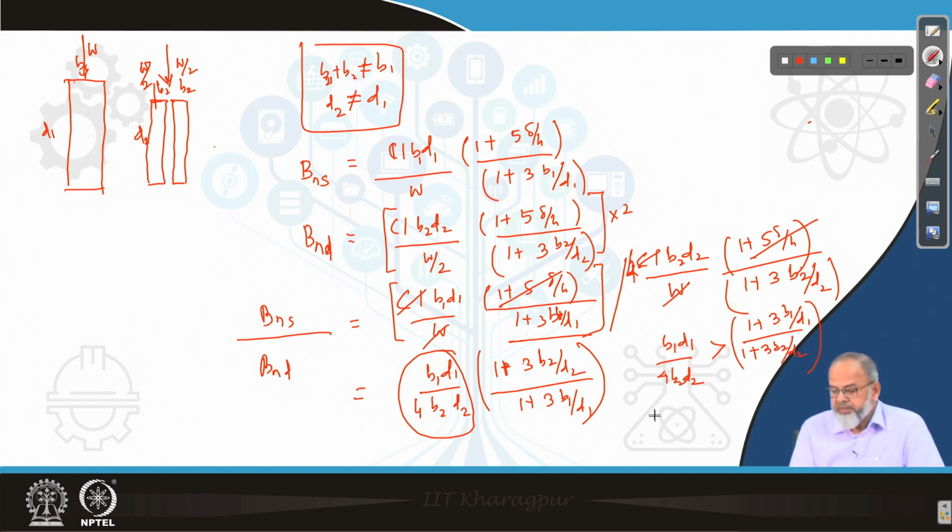If this condition is satisfied, then single will be better than the dual wheel. If this is not satisfied, that means B1 D1 is lesser than 4 B2 D2, then the duals are better than the single tire.